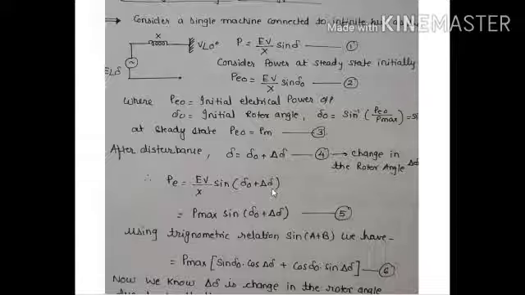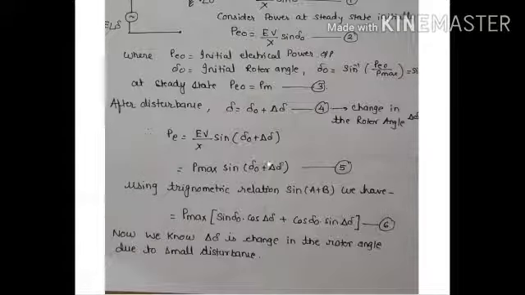Okay, let me correct my previous statement: it is equation 1, the basic equation, rather than equation 2. So EV by X into sine, with delta substituted as delta 0 plus del delta, right? Similarly, I know this EV by X can be written as Pmax. So the expression will be a little bit modified as what?